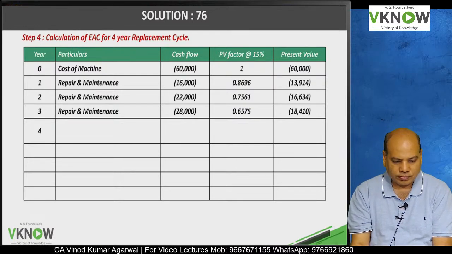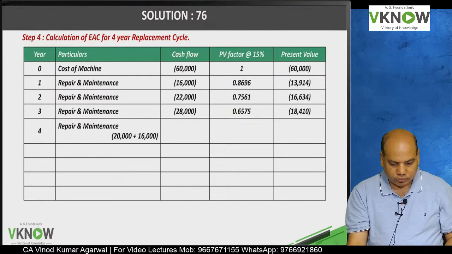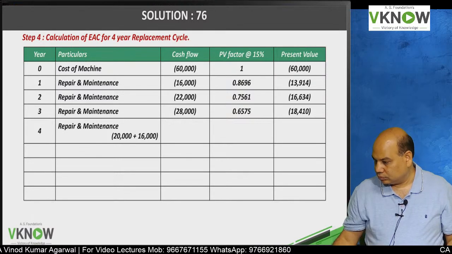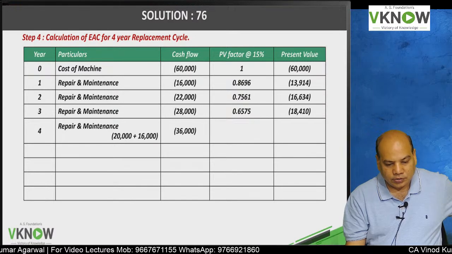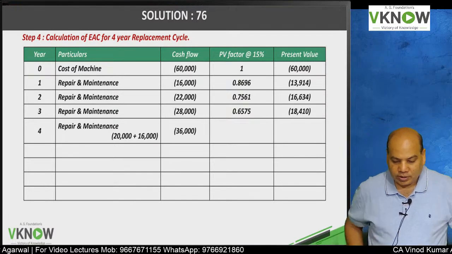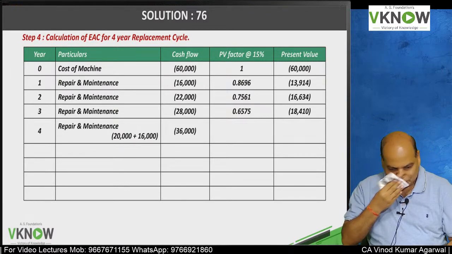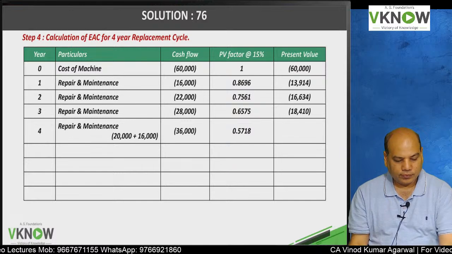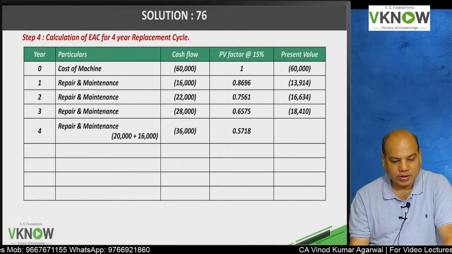Year 4 you have to compute. Year 4 we have 20,000 plus 16,000 repairs and maintenance, that is 36,000. Fourth year factor is given, 0.5718.